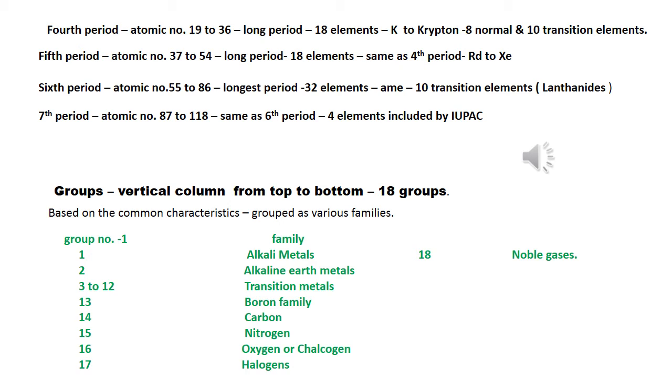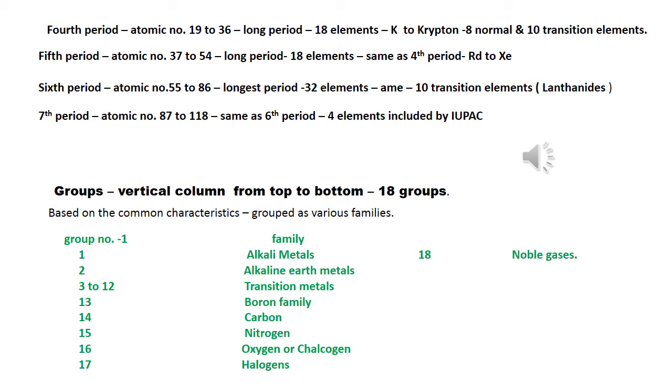And we pass on to the fifth period, atomic numbers 37 to 54, a long period having the same 18 elements as the fourth period, from rubidium to xenon.